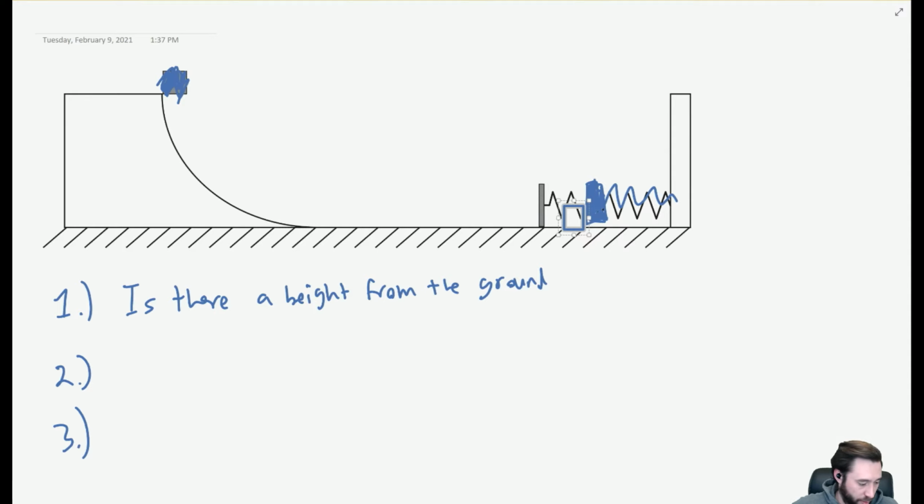We're going to assume that over here, this is the ground, and the box is going to be launched, and it's going to slide this way, and it's going to travel up the ramp until it reaches a maximum height.